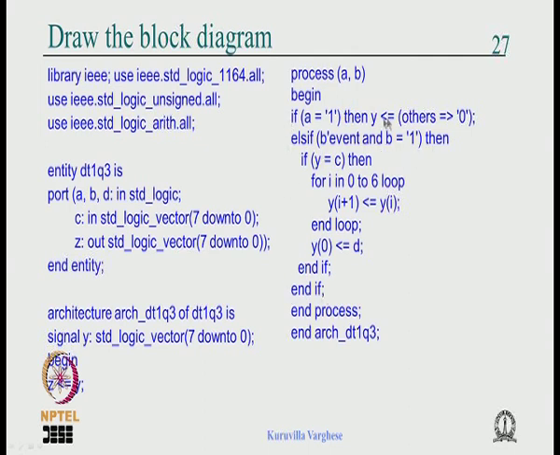We are very clear looking at this code that this is nothing but a register, an 8-bit register where A is the asynchronous reset and B is the clock. So we can already draw 8 registers with A connected to asynchronous reset, B connected to the clock.